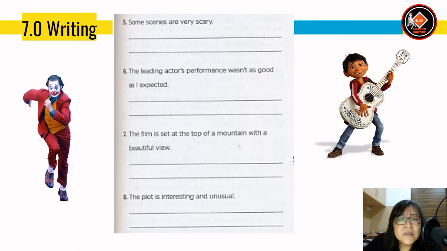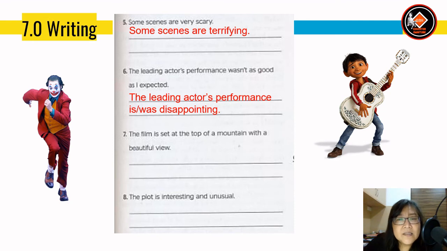For number 5, some scenes are very scary. So you can write, some scenes are terrifying. Number 6, the leading actor's performance wasn't as good as I expected. So your sentence, the leading actor's performance is disappointing, or you can use was disappointing.